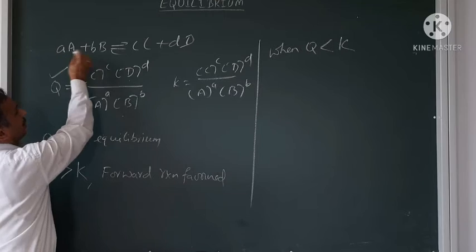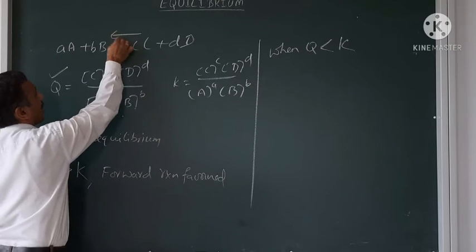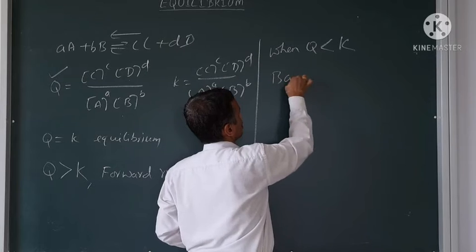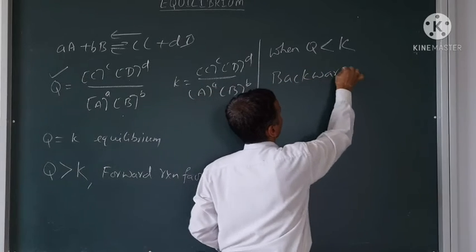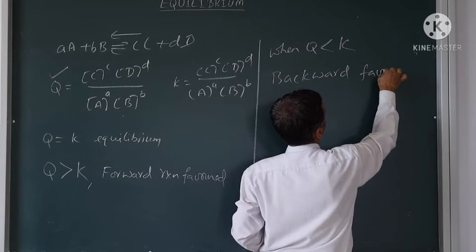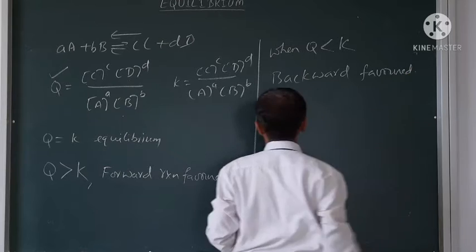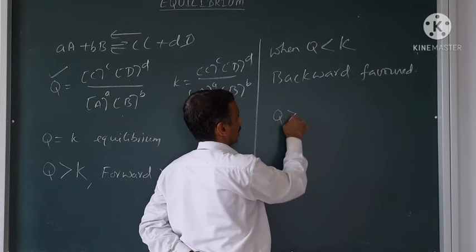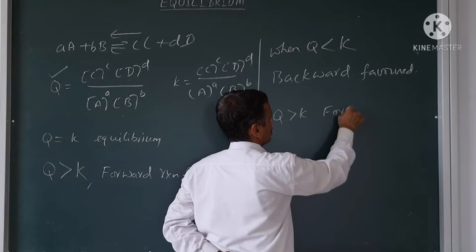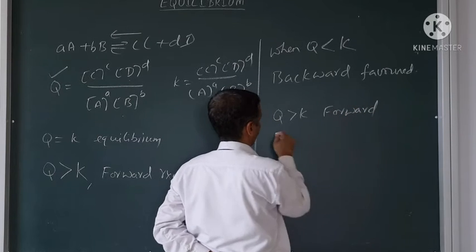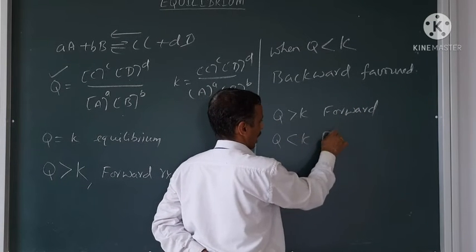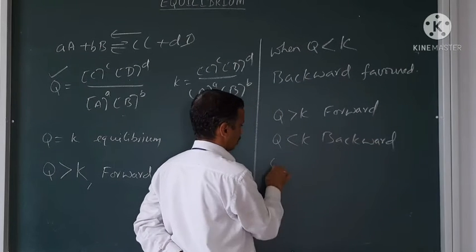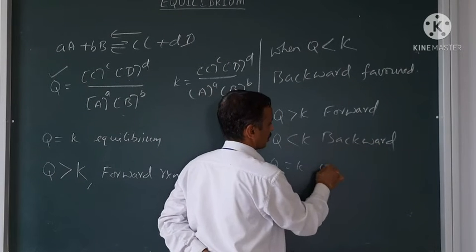A and B concentration higher means the backward reaction is favored. Note this. So Q greater than K, forward. Q less than K, backward. Then Q is equal to K, equilibrium.